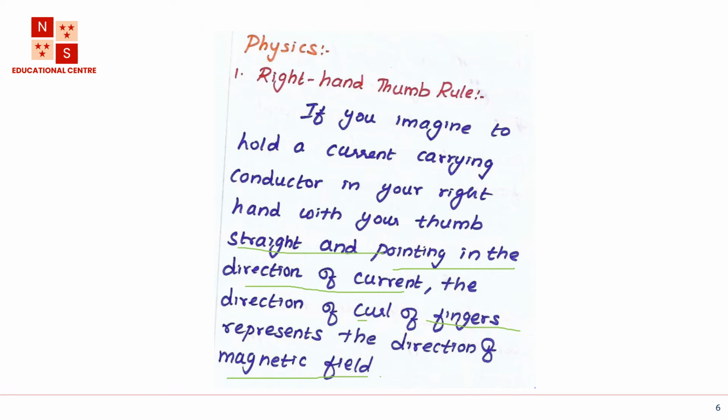Very important point: the thumb represents the direction of current and the fingers represent the magnetic field.